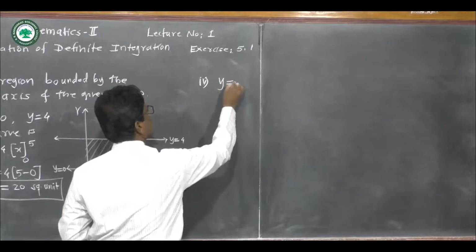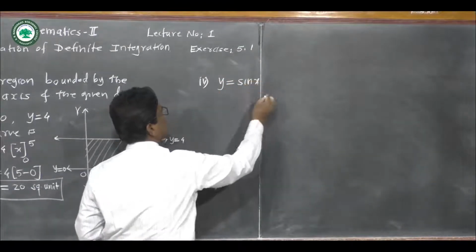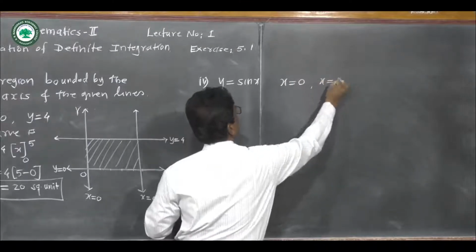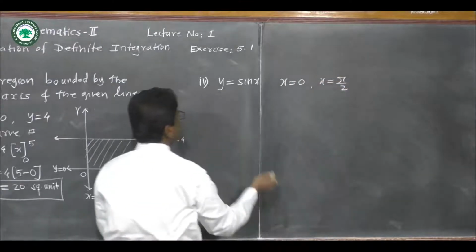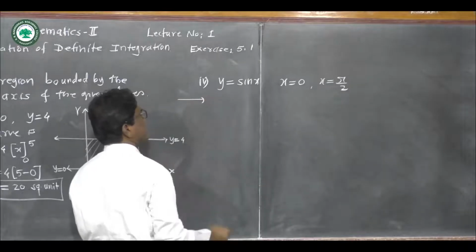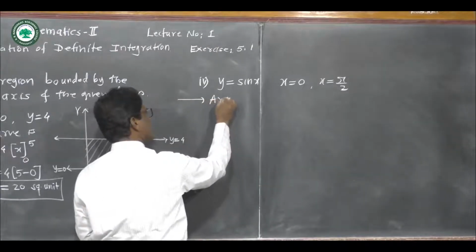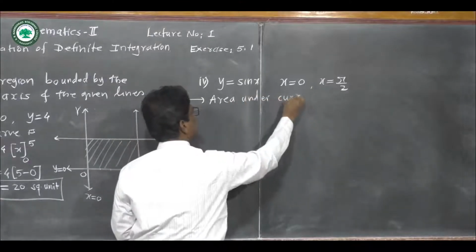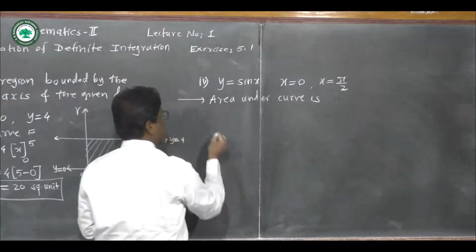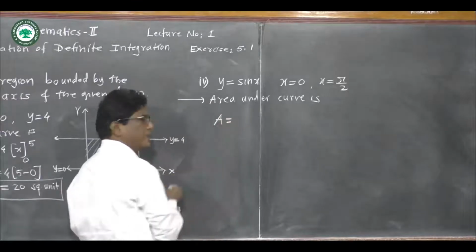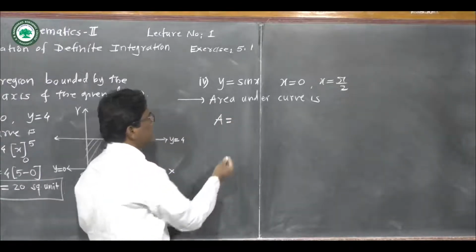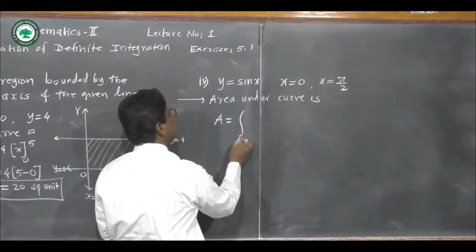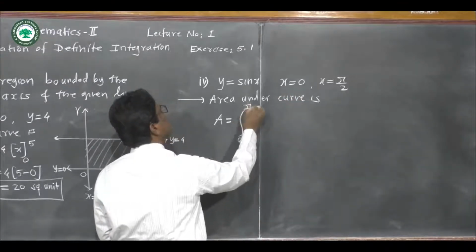Y is equal to sin x, x is equal to 0, x is equal to pi by 2. So the area under the curve y is equal to sin x, we denote it by A, is equal to integration with lower limit 0 and upper limit pi by 2.